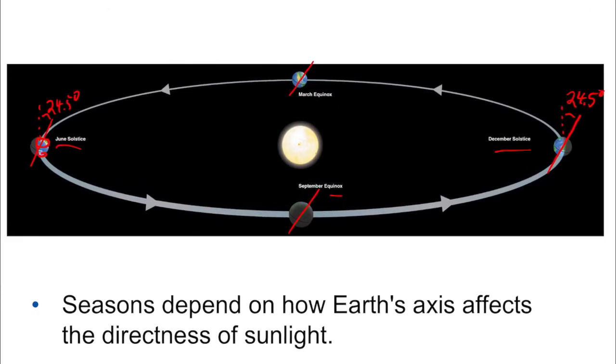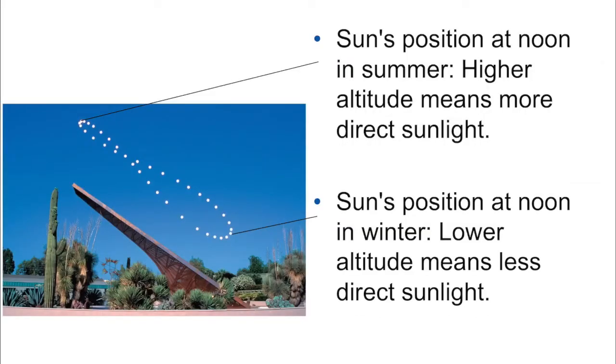And what about the equinoxes? Well, that's where the axial tilt is totally misaligned with the orbit, and the whole planet is getting the same amount of sun: exactly 12 hours of sun on both the September equinox and the March equinox, the autumnal and vernal equinox. There's some visualization, a lot going on in that figure.